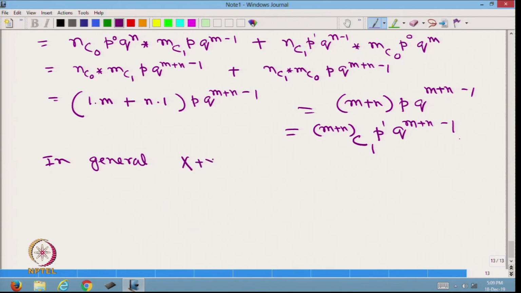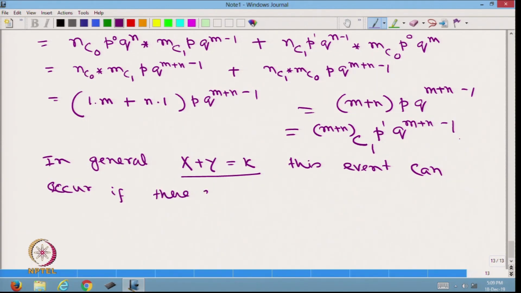In general, x plus y is equal to k, this event can occur if there are zero heads from coin 1 and k heads from coin 2.